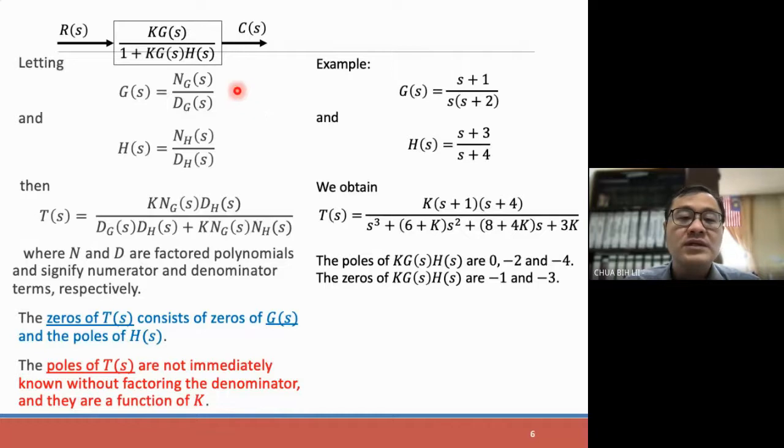So what we have here is just to form this transfer function immediately based on these two. You just have to use this, s plus 1, put it here, s plus 3, sorry, s plus 4, put it here, right? So directly put it in there, with K as K, right? Then for the denominator side, we have DG DH plus K and G and H, right?